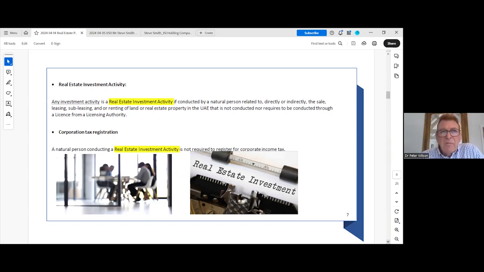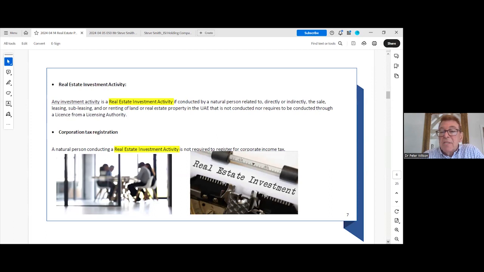When I raised the licensing issue recently with the Chief Executive Officer of Innovation Experts, the real estate training guide, the CEO told me that he didn't believe that any natural person was ever required to have a license from a licensing authority to conduct real estate transactions. I was a bit surprised by that.